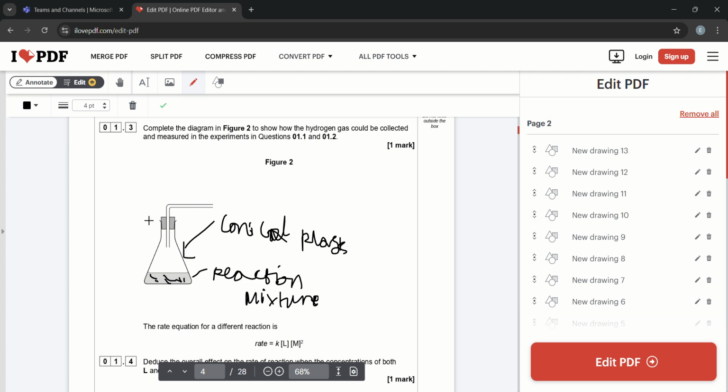Reaction mixture, conical flask, and then the gas syringe. So it should look something like that, right? And then label it gas syringe.